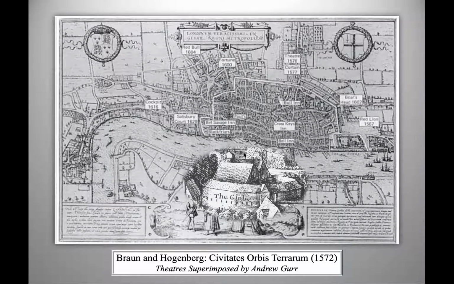All right, so this is from the Braun and Hogenberg, Civitates Orbis Terrarum. And by the way, that would have been a book that was available to various members of Shakespeare's audience. And I'm going to do more with my Hamlet class on this in another video.